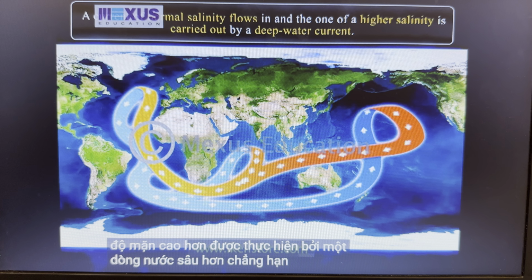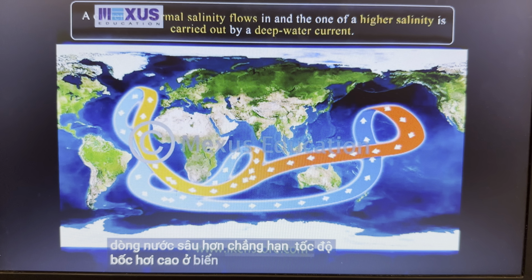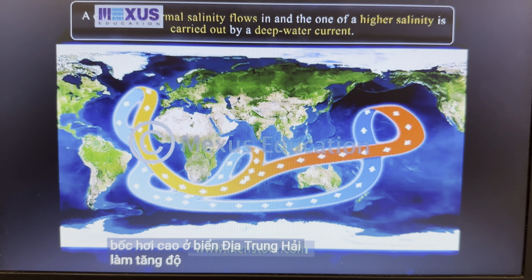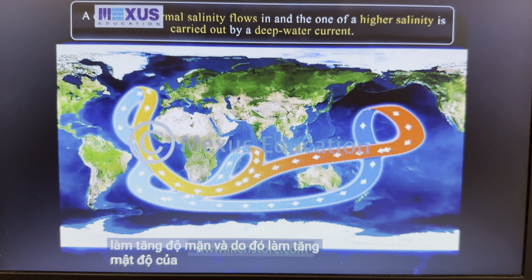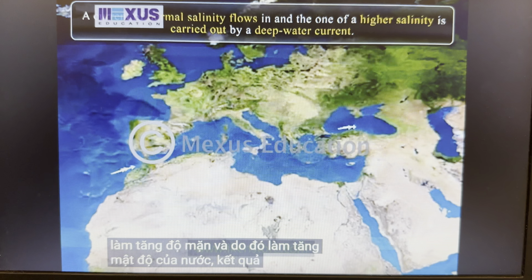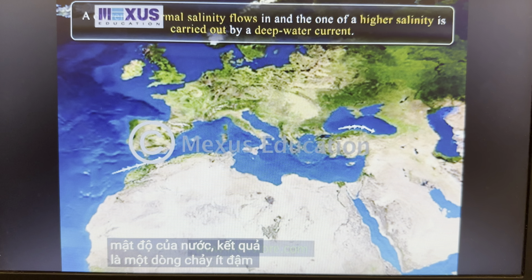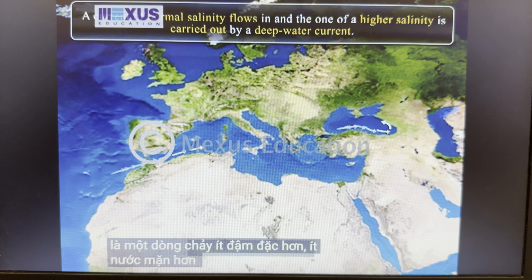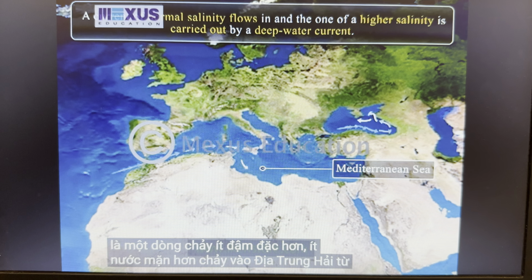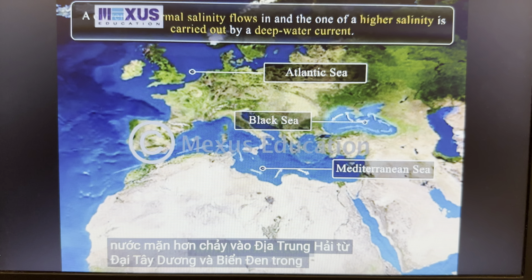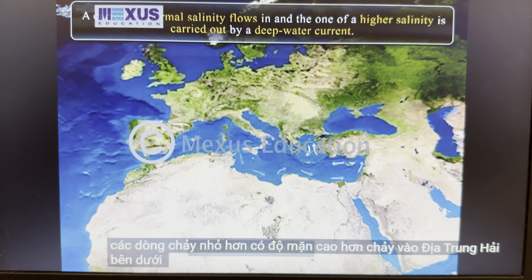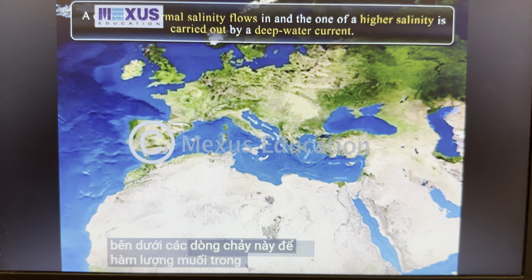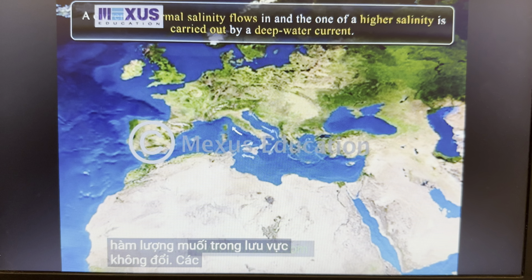For example, a high rate of evaporation in the Mediterranean Sea increases the salinity and therefore the density of the water. As a result, a current of less dense, that is, less salty water, flows into the Mediterranean from the Atlantic and the Black Sea, while smaller currents of higher salinity flow outwards beneath these currents so that the salt content of the basin remains constant.